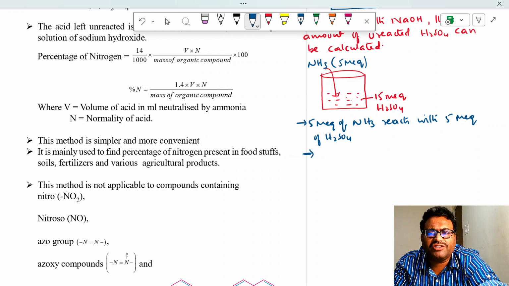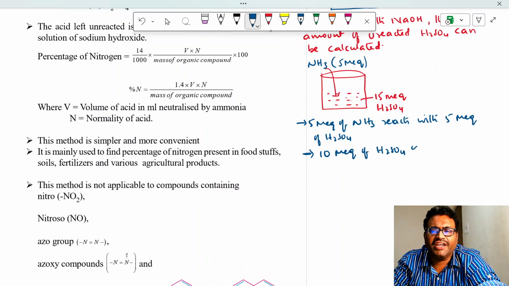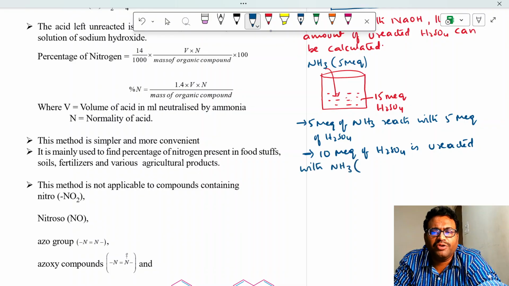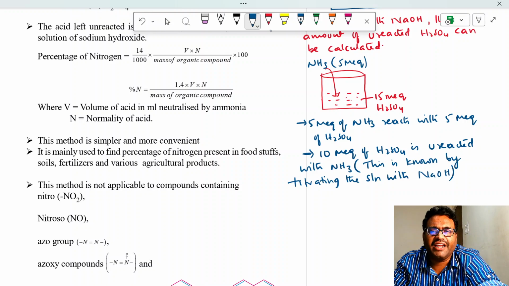How many milliequivalents of H2SO4 is unreacted? 10 milliequivalents of H2SO4 is unreacted with NH3. How can you know that? This is known by titrating the solution with standard NaOH.